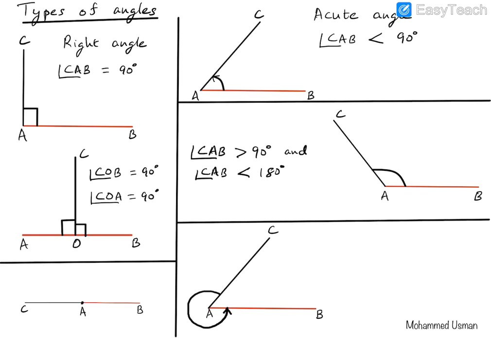So we can write this combinedly as a single inequality, the angle CAB is lying between 90 degrees and 180 degrees. So angle CAB is greater than 90 degrees but less than 180 degrees. That means it is lying between 90 and 180 degrees, in which case we call this an obtuse angle.